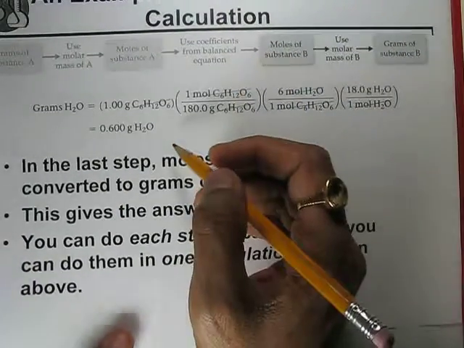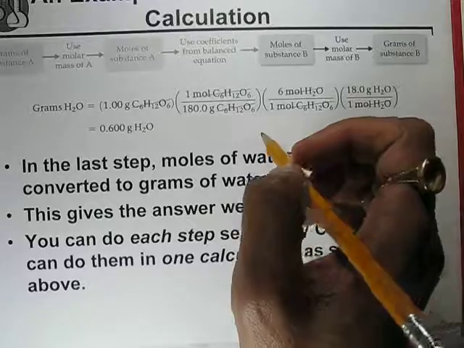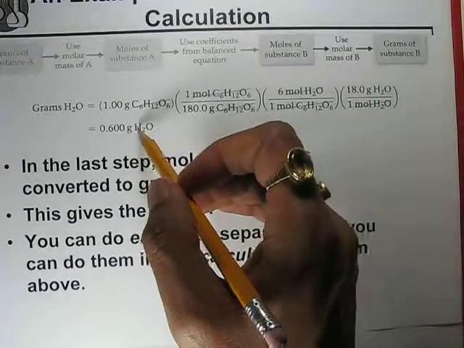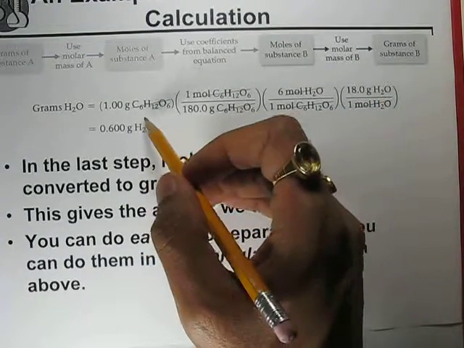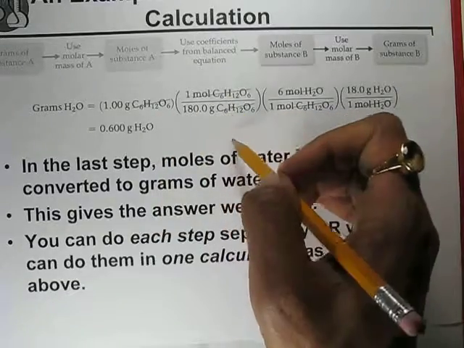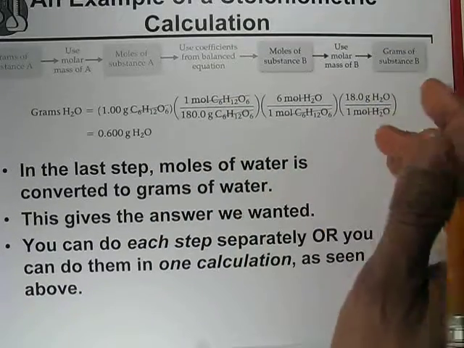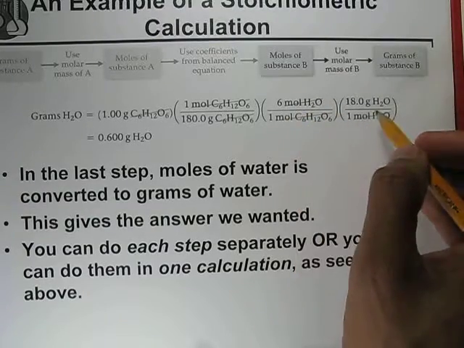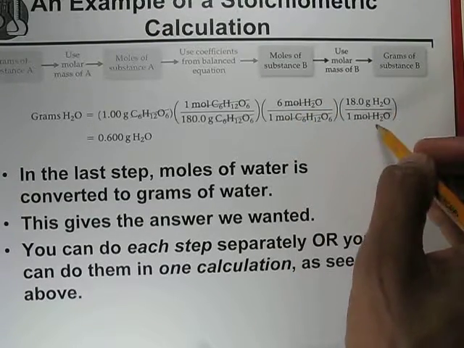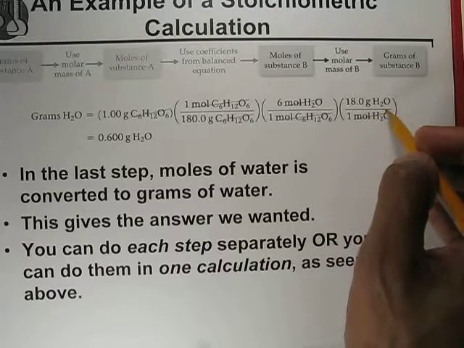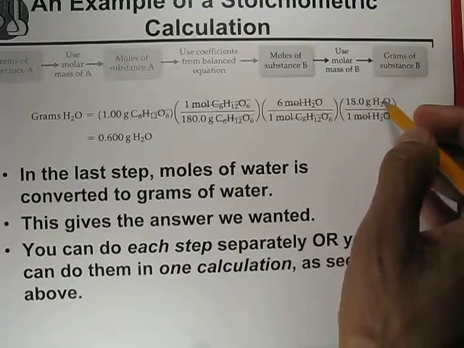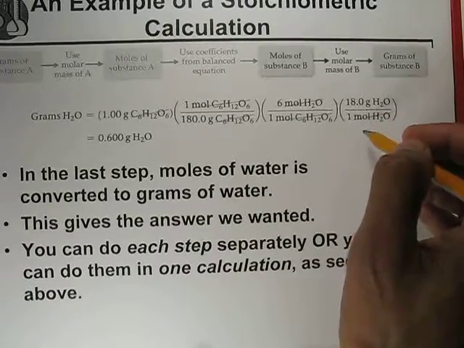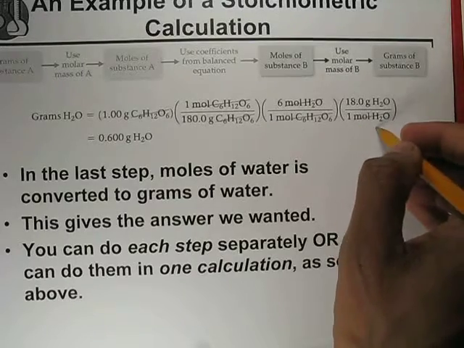Once we know the number of moles of water, we have to convert the amount into gram quantity using the molar mass of water divided by 1 mole of water.